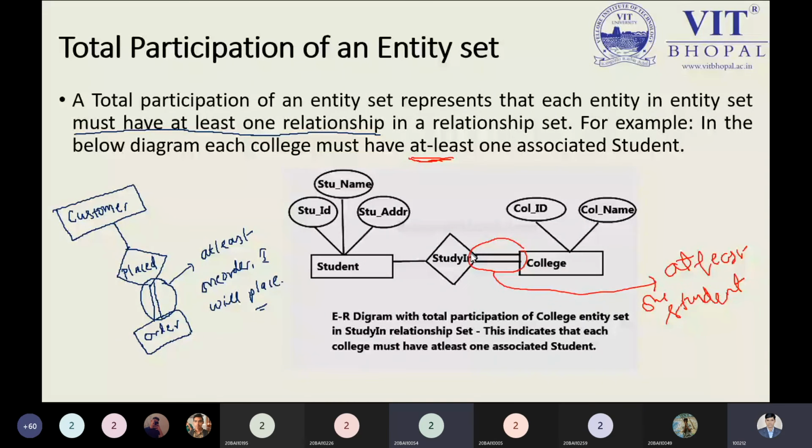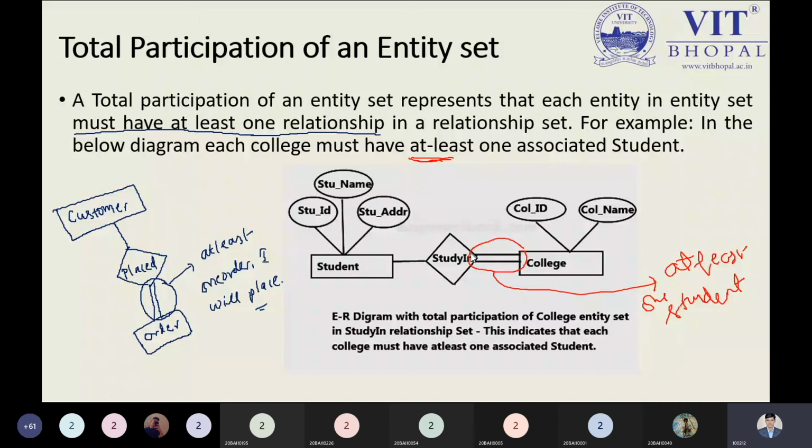Sir, total participation of an entity set means a compulsory relationship between two entities. No, see, for some students and college, I'm not putting the total participation. We have a statement, many students can study in the college. But there is no guarantee.